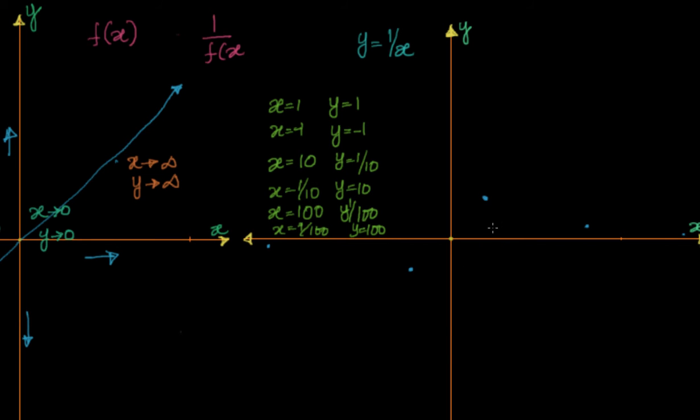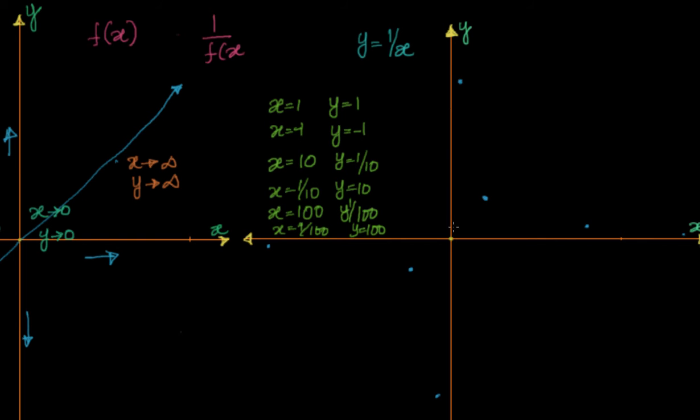Similarly, if x is a smaller value, let us say x equal to 1 by 10, y is nothing but equal to 10. If x equal to 1 by 10, y equal to 10. Similarly, if x equal to minus 1 by 10, y equal to minus 10. If x equal to 1 by 100, y will be somewhere there.